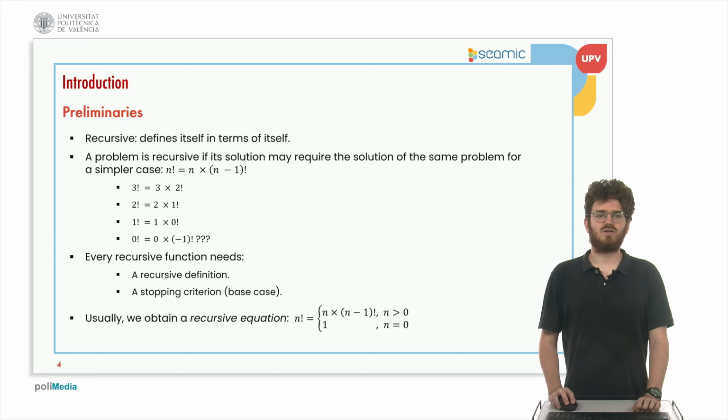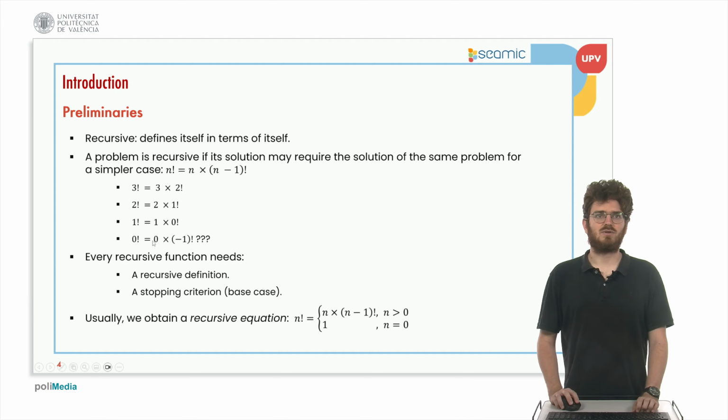So, for example, if we have our full recursive equation for the factorial, we can see that the general case would be that the factorial of any number is that number times the factorial of the previous number, so n minus 1 factorial. But only when n is greater than 0. If n is equal to 0, then the factorial is 1.